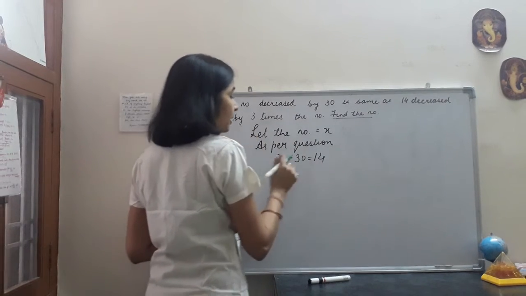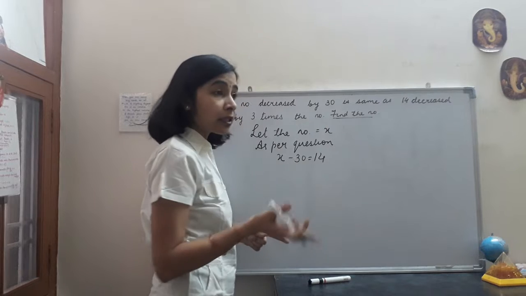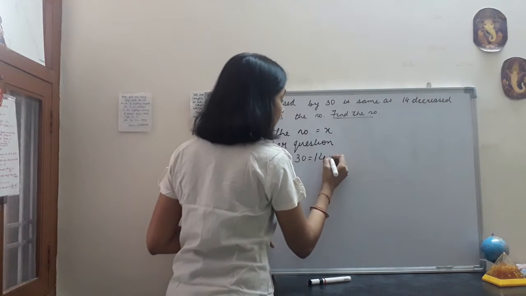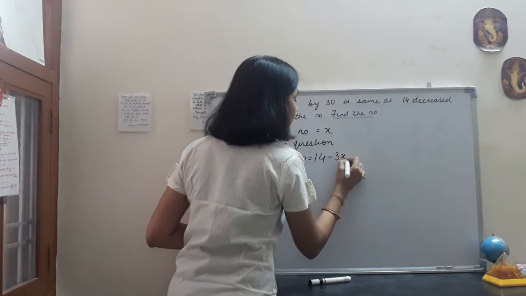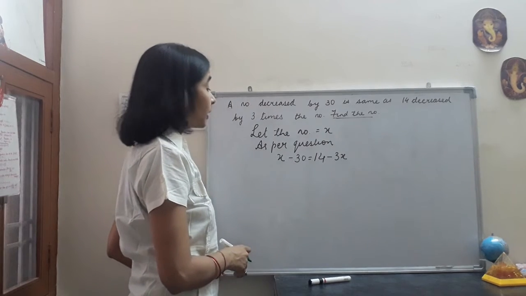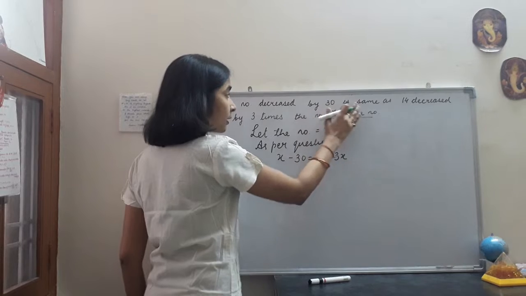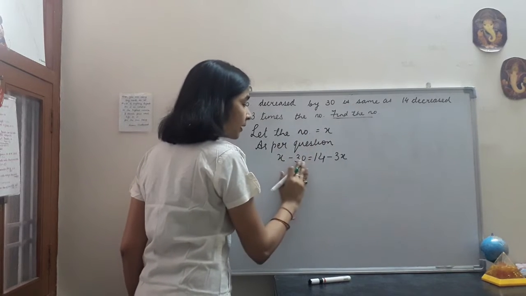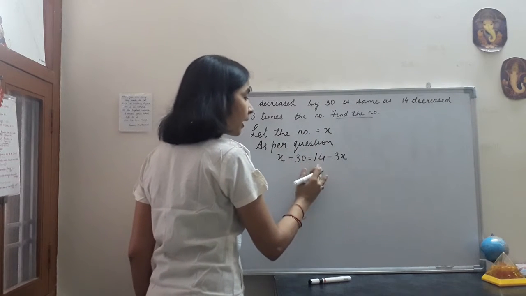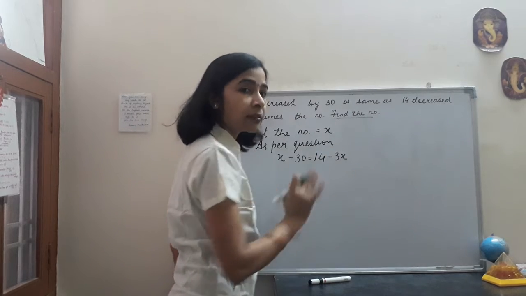So what is the number? x, and 3 times the number means 3x. So here 14 is decreased by 3 times the number. So what is the equation here? The number decreased by 30 is same as 14 decreased by 3 times the number.